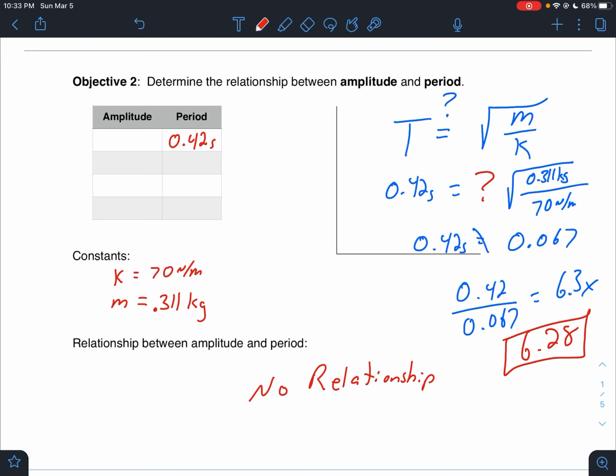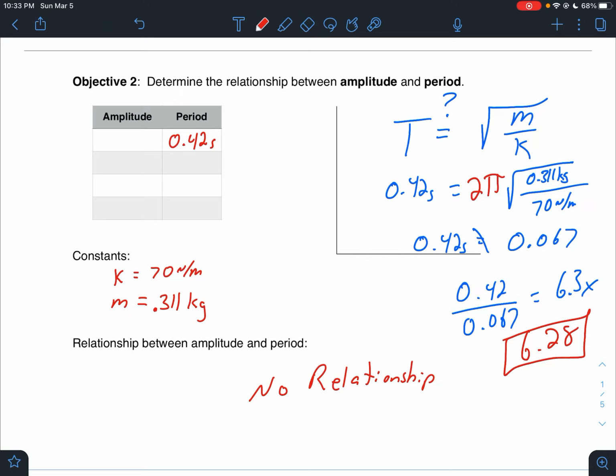So if you think back to one of the videos that you watched the other day, we related harmonic motion to circular motion. So is there anything in circular motion that would maybe play a role here and be around 6.28? So if you thought of 2 pi, you are correct. 2 pi is equal to 6.28.